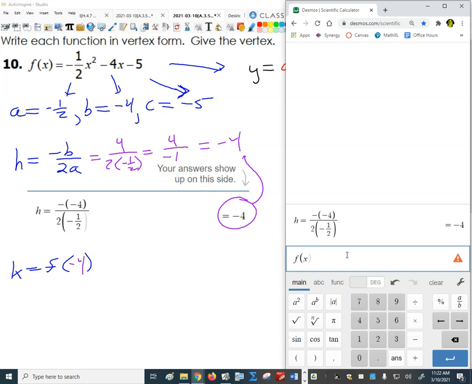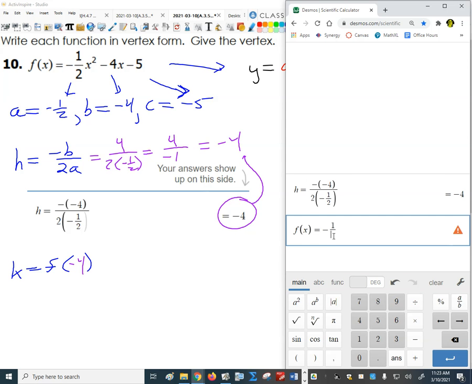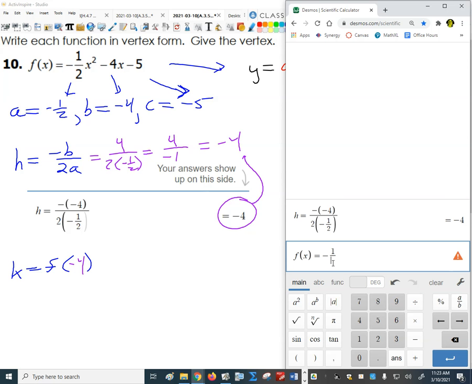So f of x equals negative 1/2 x squared minus 4x minus 5.